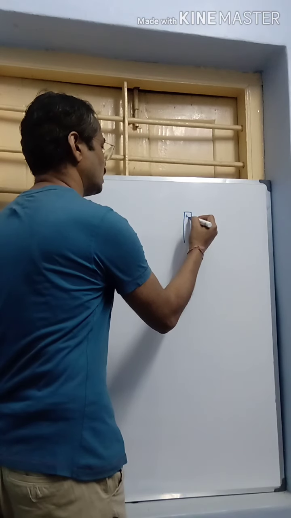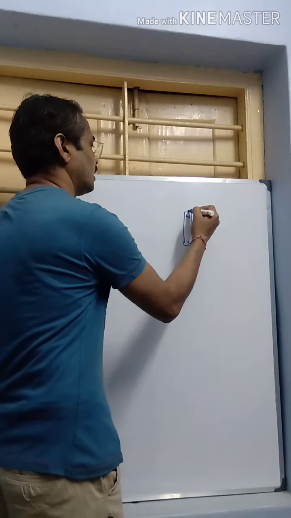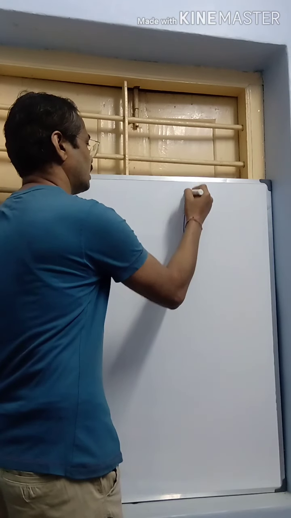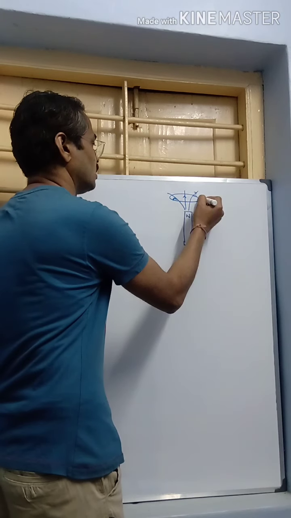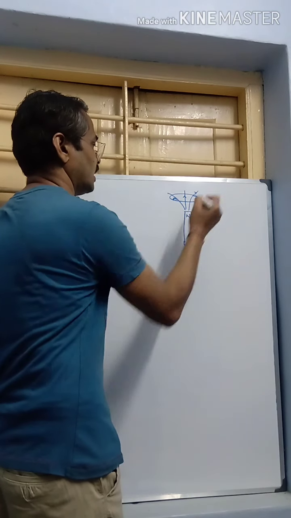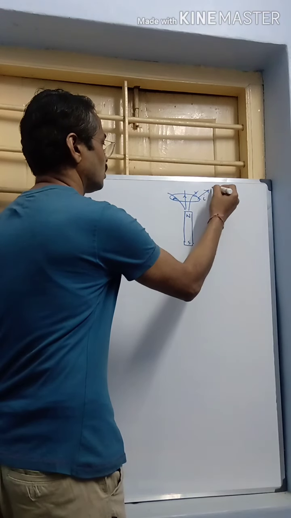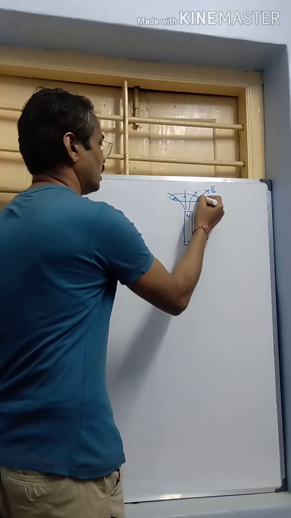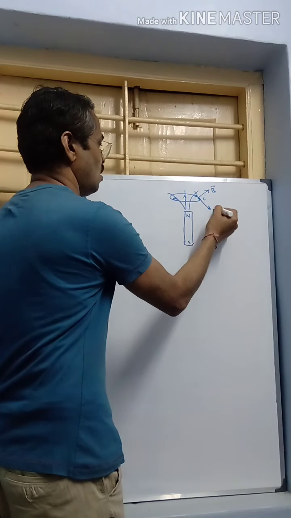The north pole is over here and the south pole is here, and there are magnetic fields emanating from this magnet, and we have a current carrying loop here. Now this loop has B along this and current along this, so there would be a force.